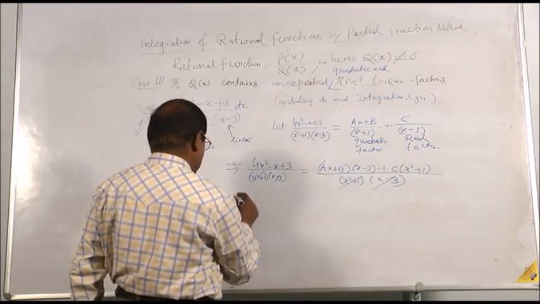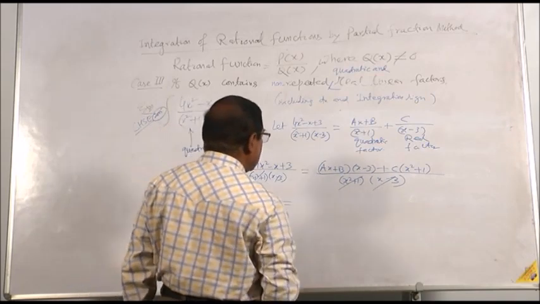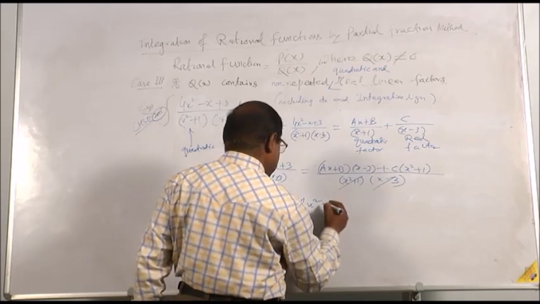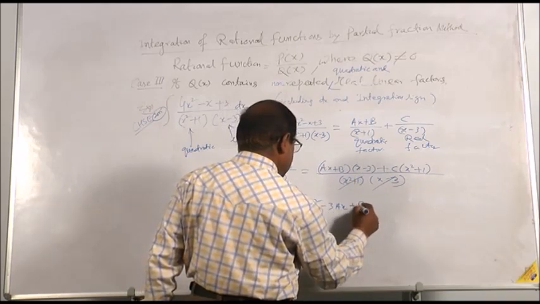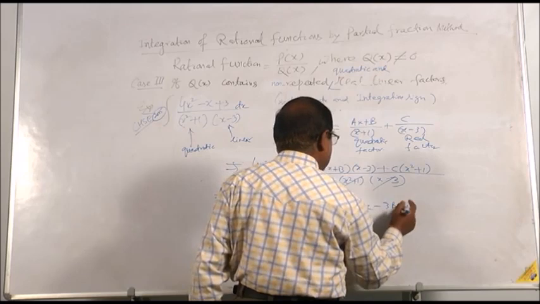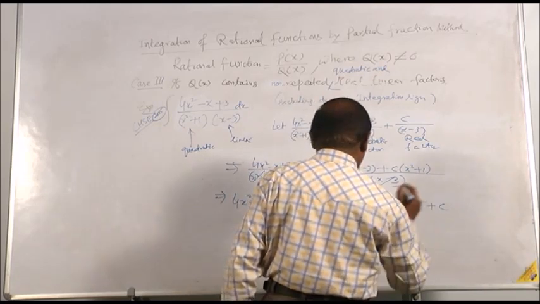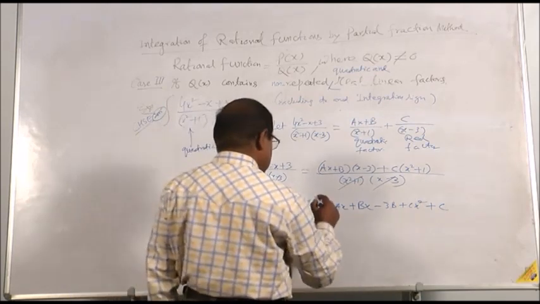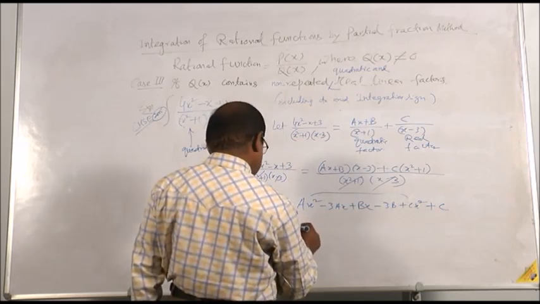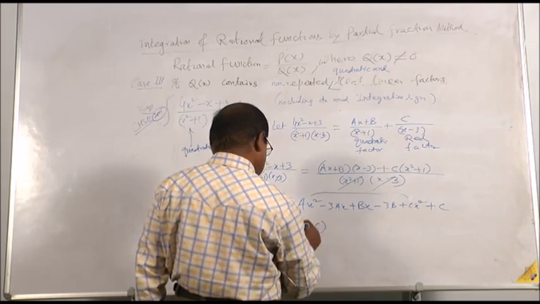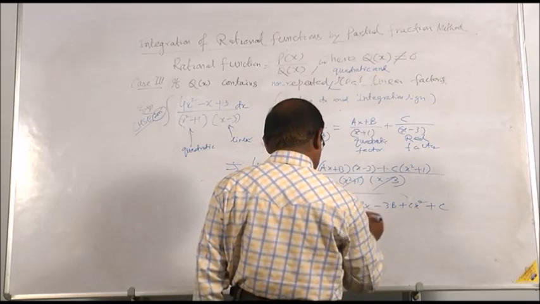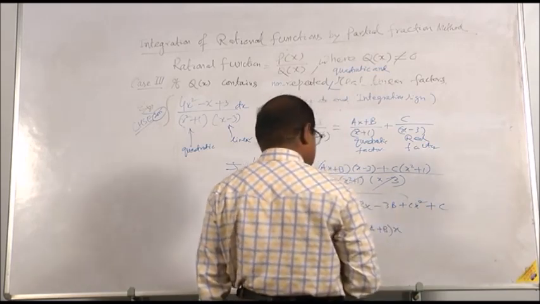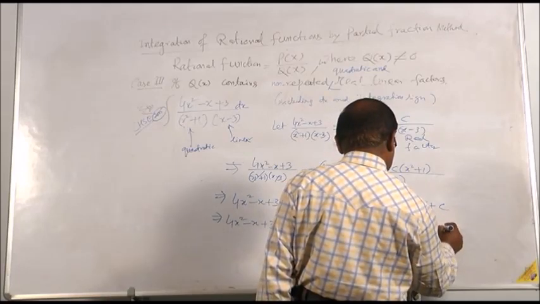We cancel this, so we get 4x square minus x plus 3 is equal to, this is a very easy method I am telling: Ax square minus 3Ax plus Bx minus 3B plus Cx square plus C. So that becomes 4x square minus x plus 3, taking x square common, (A plus C) into x square, plus (minus 3A plus B) into x, then what remains is C minus 3B.